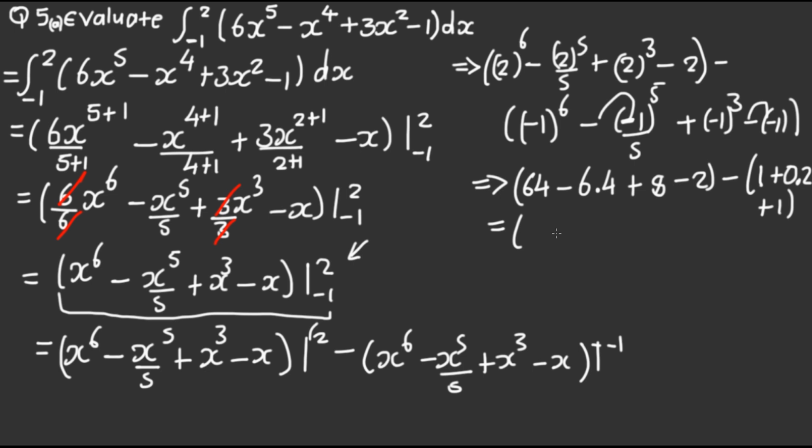So we are going to say 64 minus 6.4 plus 8 minus 2. So I'm getting 63.6. Then the other one is 1 plus 0.2 plus a 1. Okay, I'm sure I've forgotten one number, plus a 1.